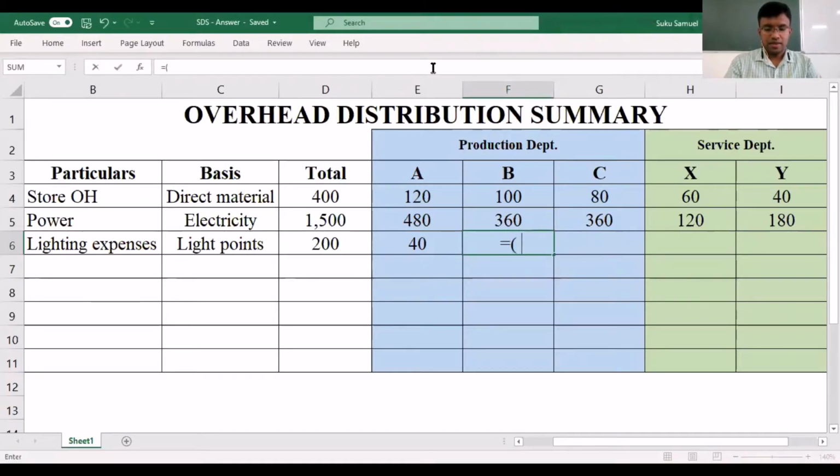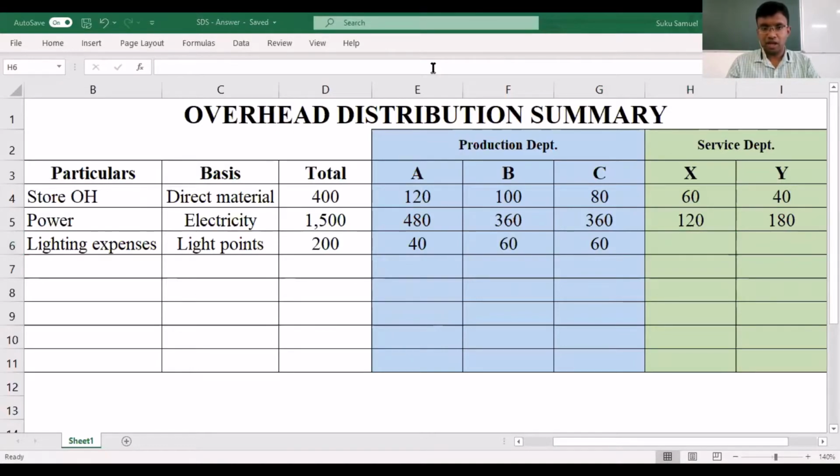Next is 15 divided by 50 into 200, which works out to be 60. Next one, again, the number of light points is 15, so 15 divided by 50 into 200 is 60.